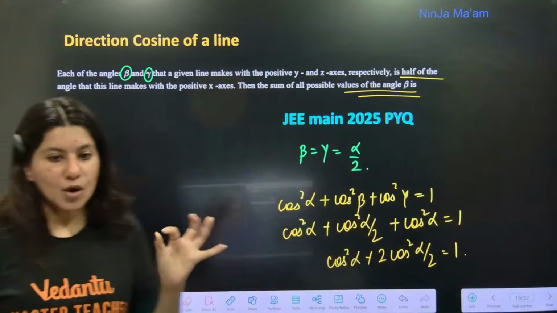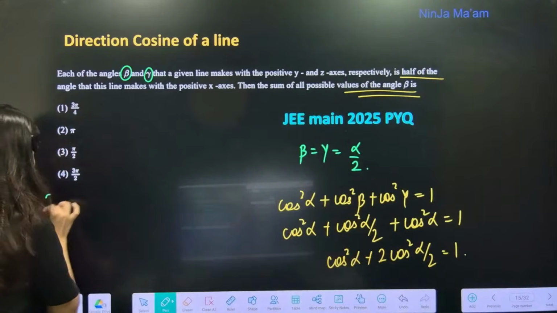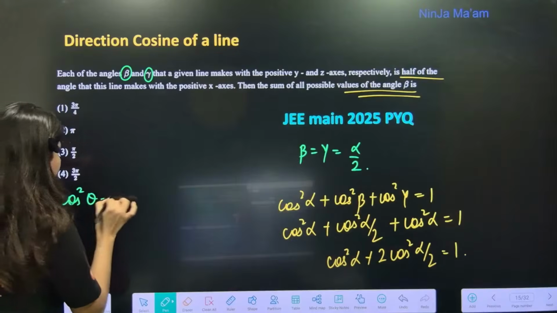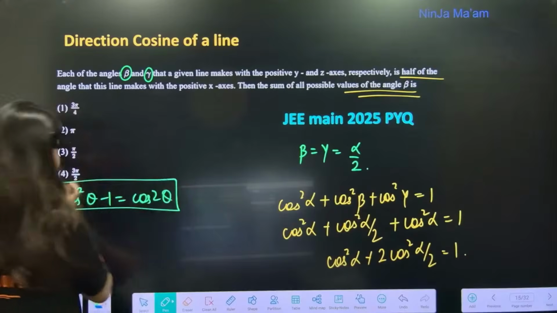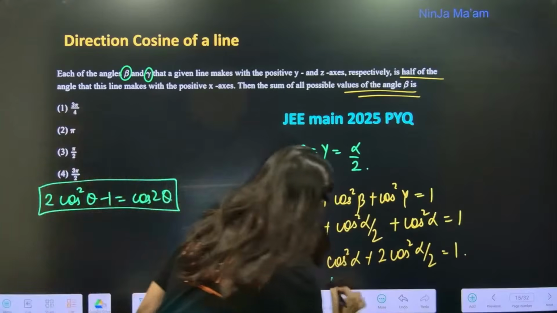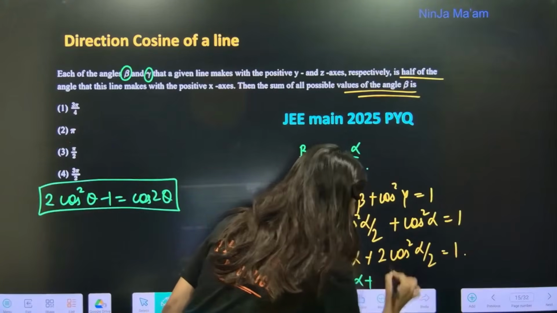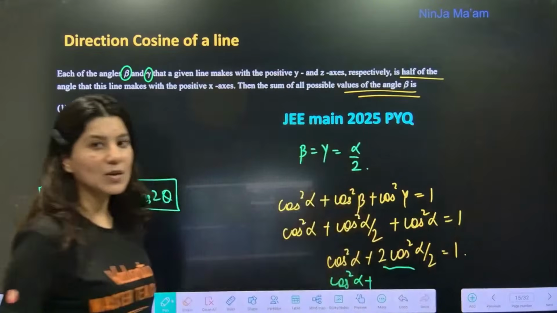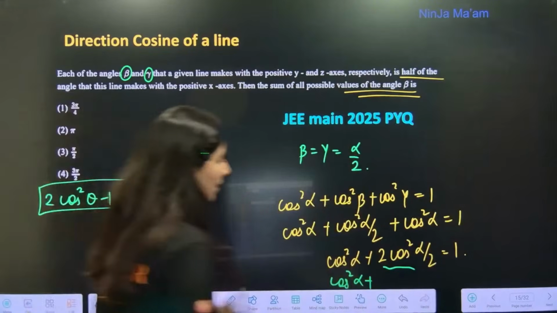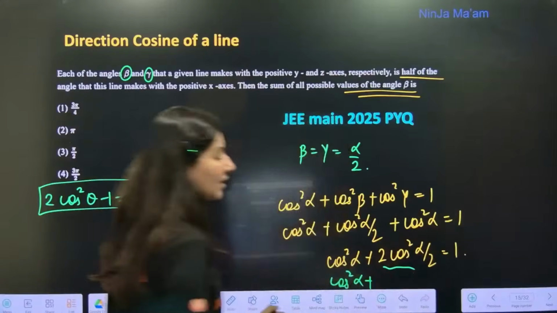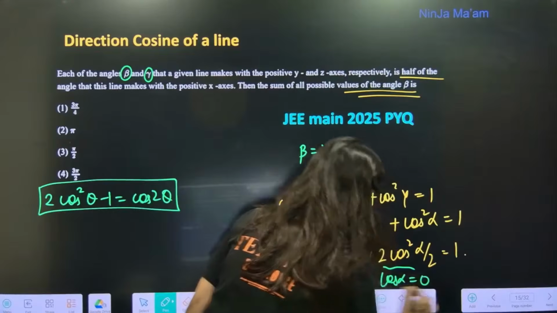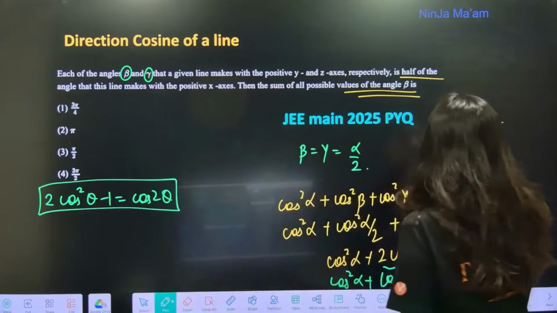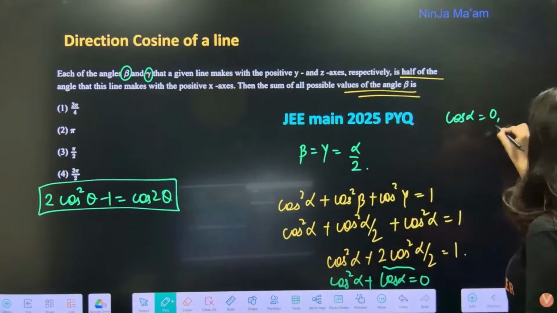Do you know the gold formula, which is 2 cos square theta minus 1? Can anybody tell me? Ma'am, cos 2 theta. Can we apply it over here? Absolutely. So cos square alpha plus, can you see, if you shift minus 1 over here, gold formula will be applicable to cos square alpha by 2 minus 1, means the answer would be just cos alpha is equals to 0. So clearly from here, cos alpha will be 0 comma minus 1.